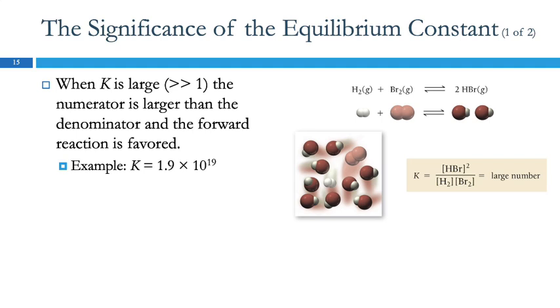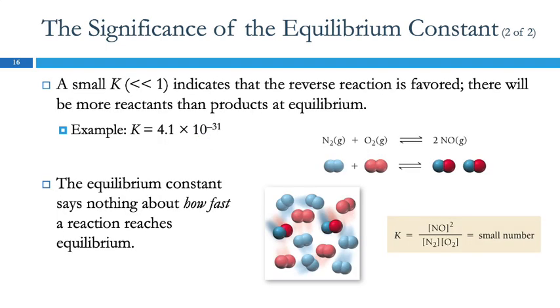And when we're talking about sizes of numbers, these can be really big. So here's an equilibrium constant, 1.9 times 10 to the 19. Super, super big. If K is very small, like 4.1 times 10 to the minus 31, that means that the numerator concentrations are very small and the denominator is big.